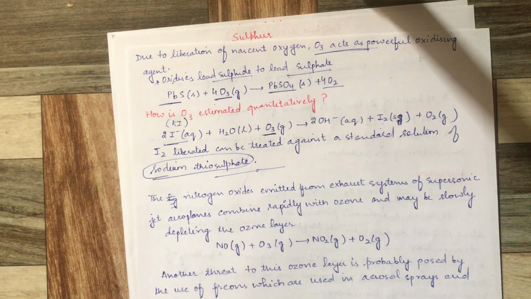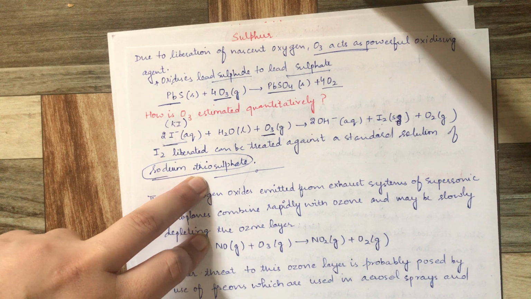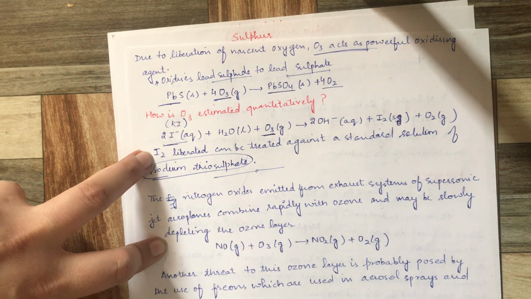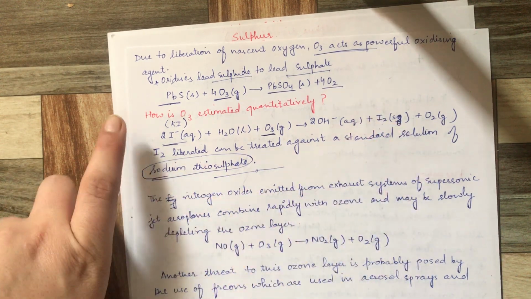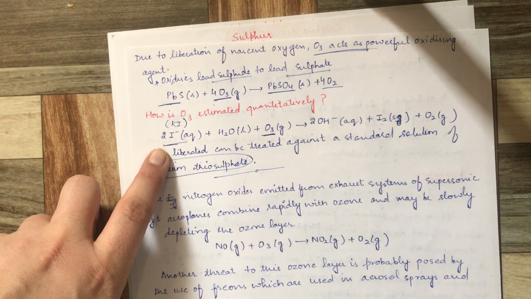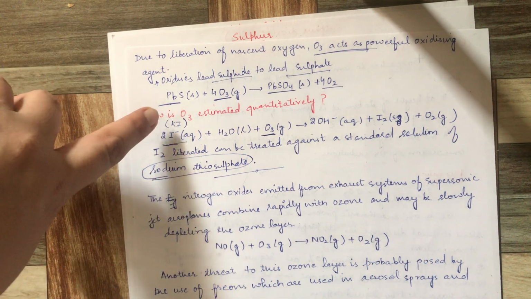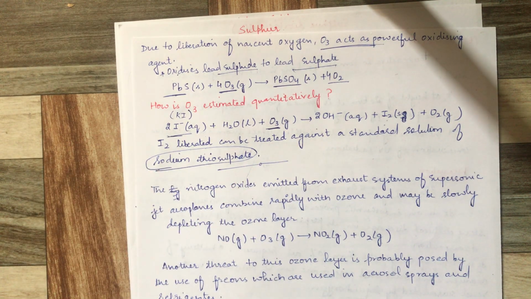Means you now make a chain. The amount of sodium thiosulfate used will tell us how much I2 is liberated. How much I2 is liberated will give us how much potassium iodide is used, and how much potassium iodide is used will tell us how much O3 is present. So this makes a chain.